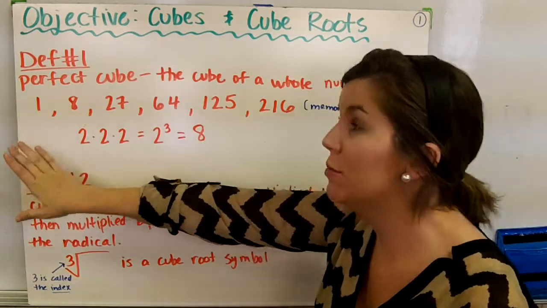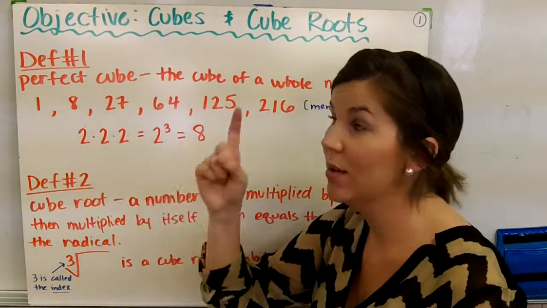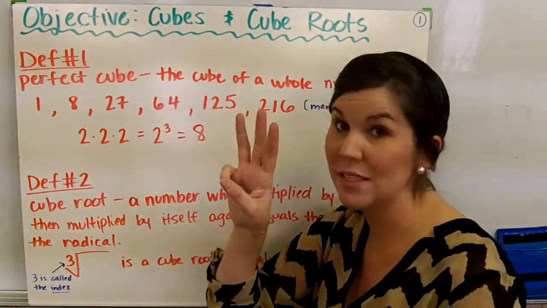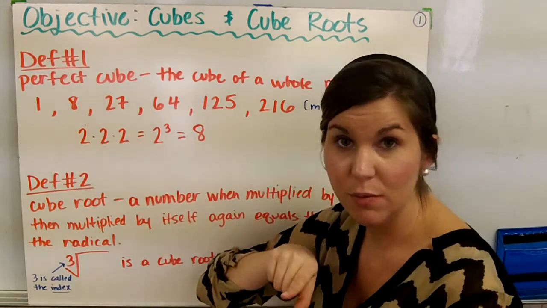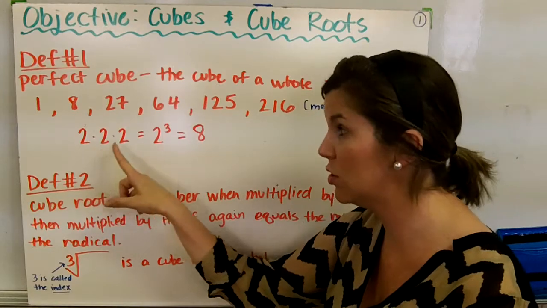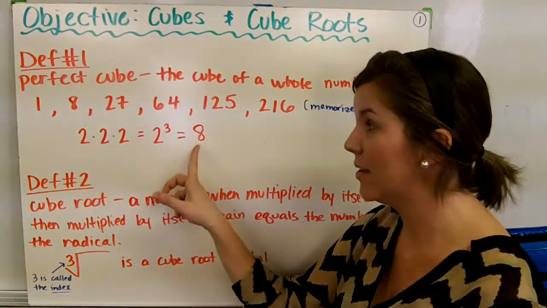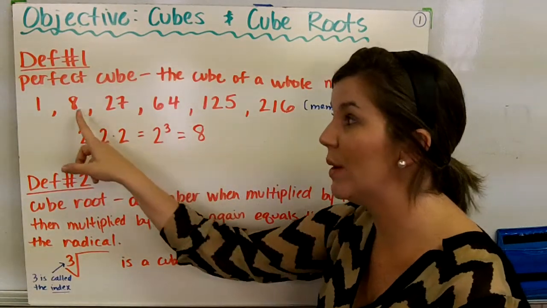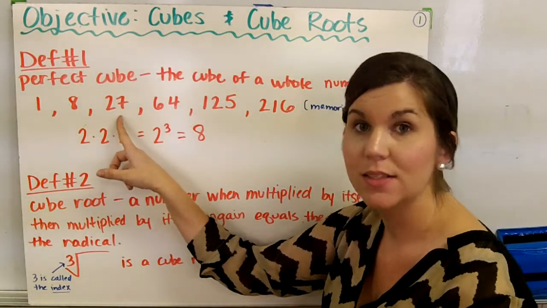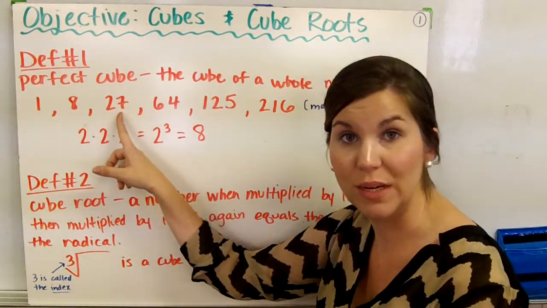And they are perfect cubes because 1 times 1 times 1, so it's multiplied by itself 3 times, comes out to be 1. 2 to the third power, or 2 times 2 times 2, is 8. So 8 is a perfect cube. 3 times 3 is 9, times 3 again gives you 27.